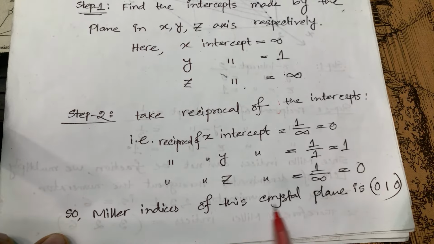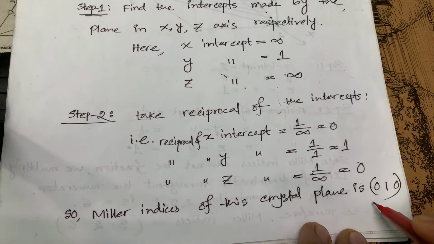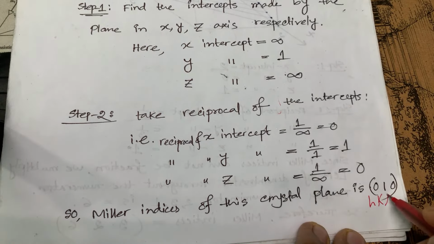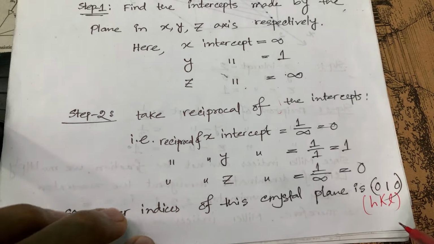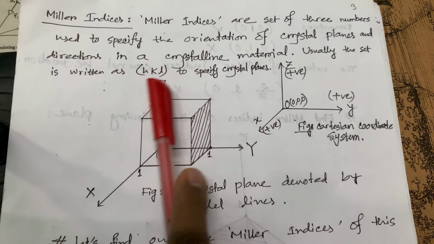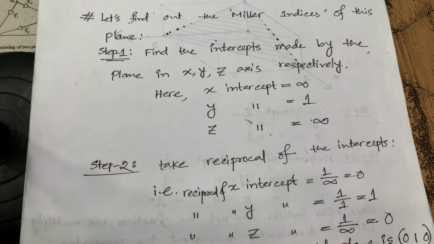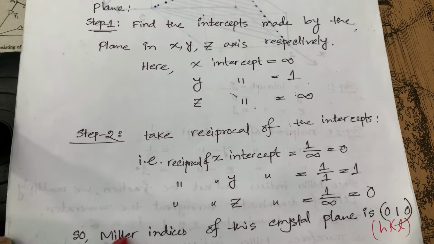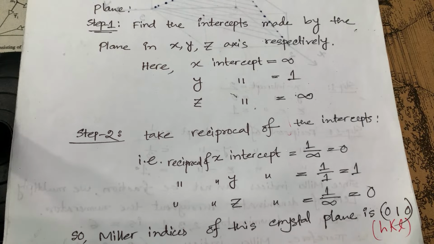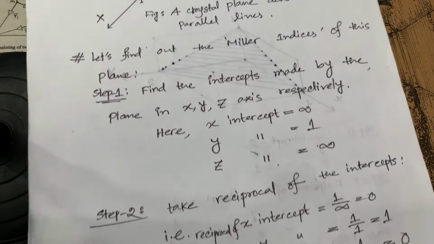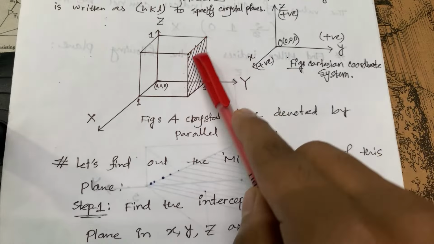You see how I write it? 0, 1, 0. And you remember that this is expressed using these three numbers HKL, as per the definition, right? So when you know that your crystal has Miller indices equal to 0, 1, 0, you immediately know that it is this plane.